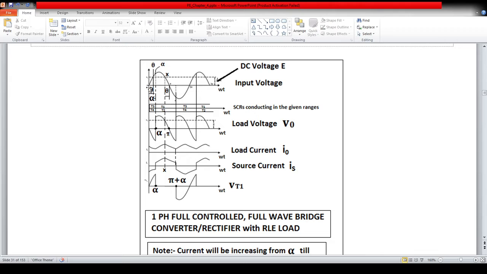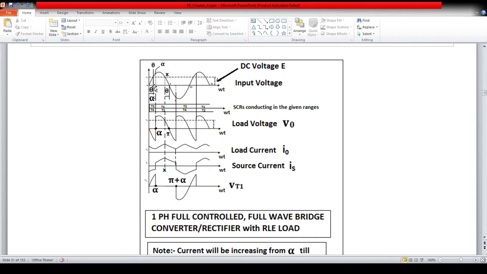Till the AC value does not cross this DC value, T1 and T2 cannot be forward biased. So, you can fire only after theta. So, alpha is here, little bit after theta.